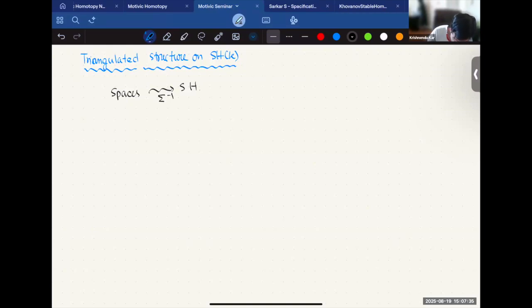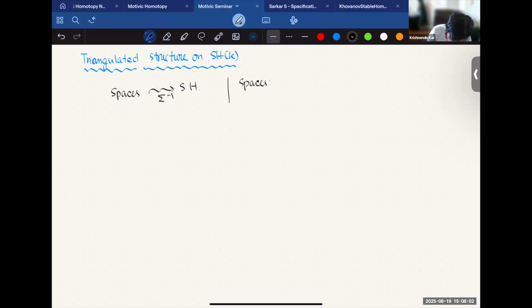So in this algebraic geometry world, in this Motivic world, we introduced our spaces, but now the spaces are your Nisnevich sheaves, simplicial Nisnevich sheaves basically. Out of which we did two or three things.